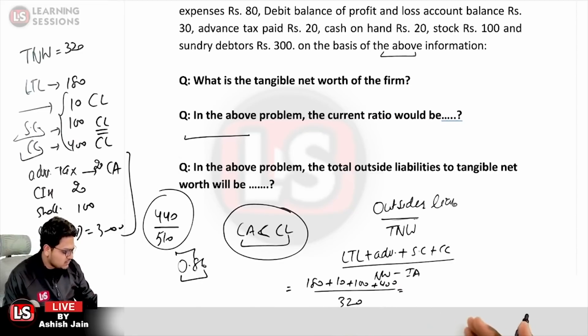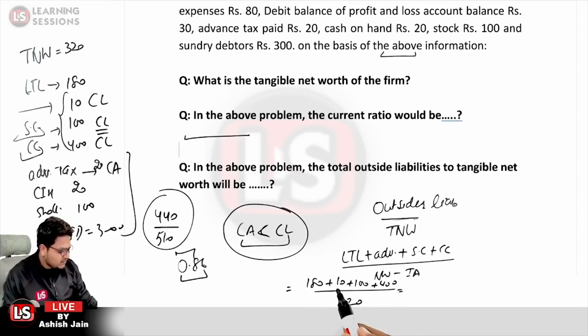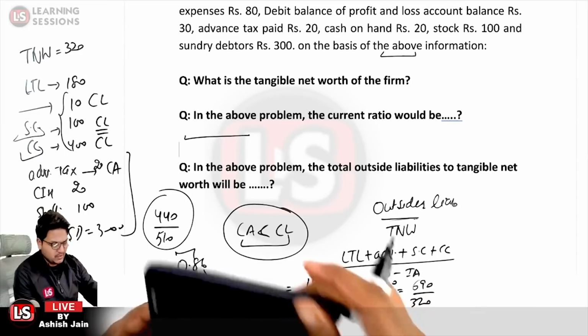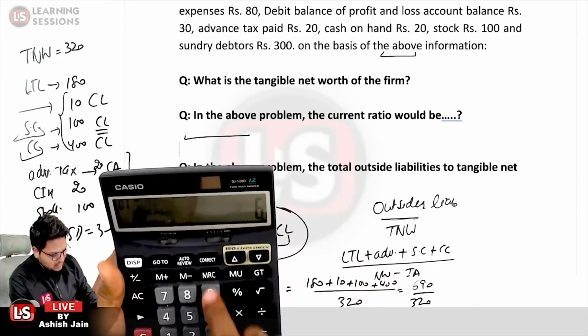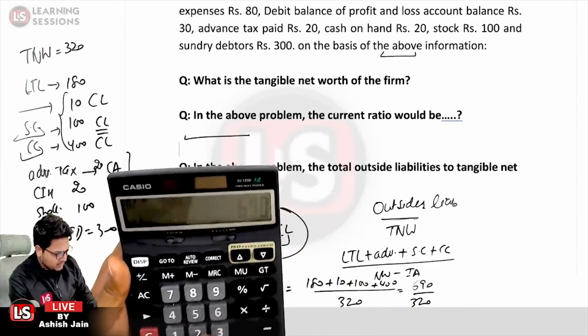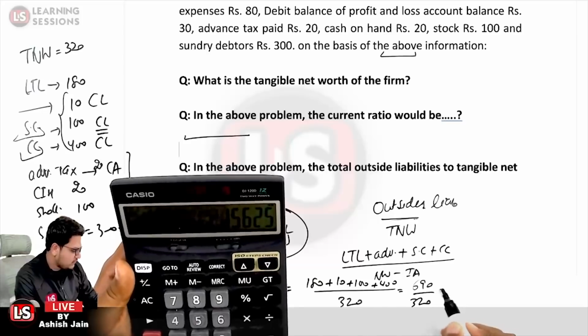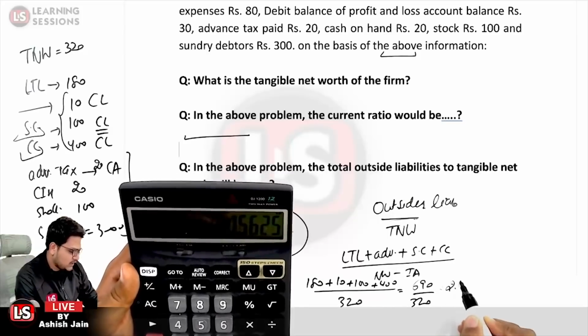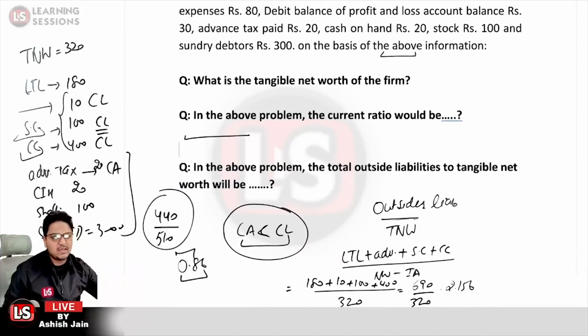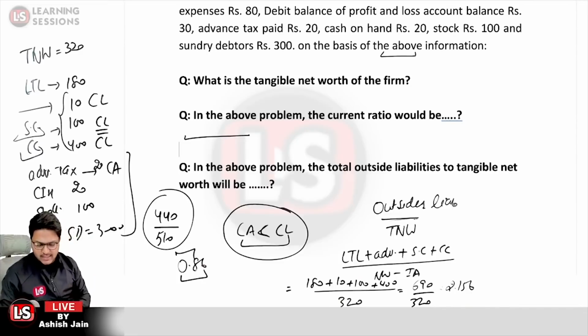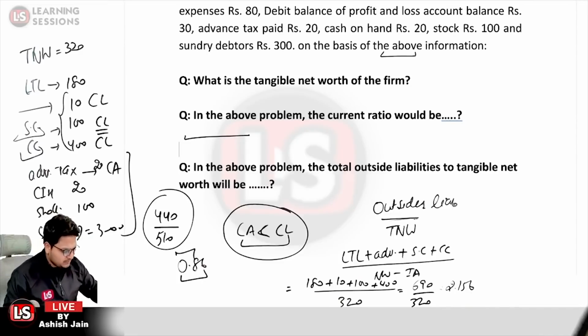That is 510 plus 180, equal to 690, divided by 320, which is 2.156. That will be the answer to question number 3.